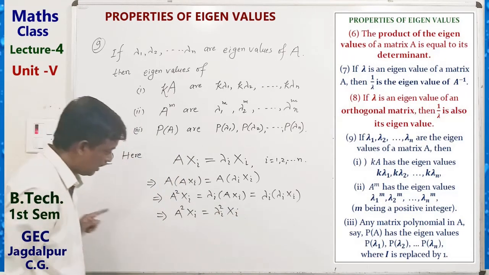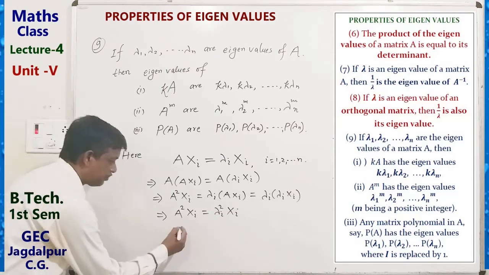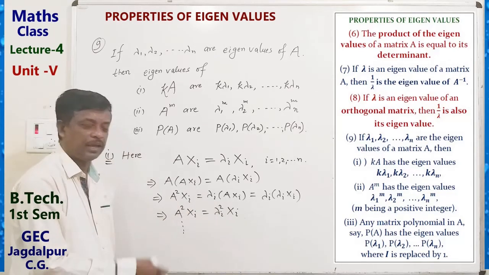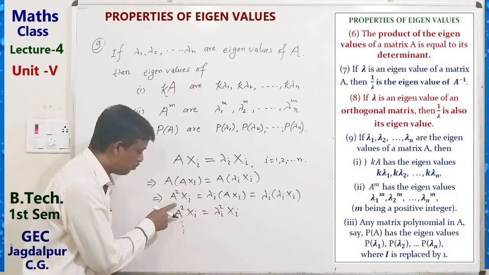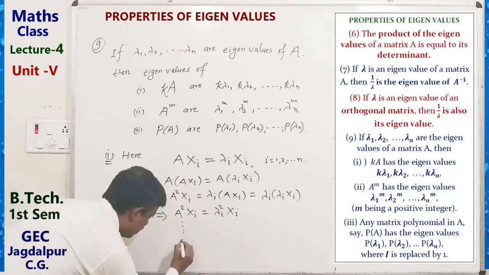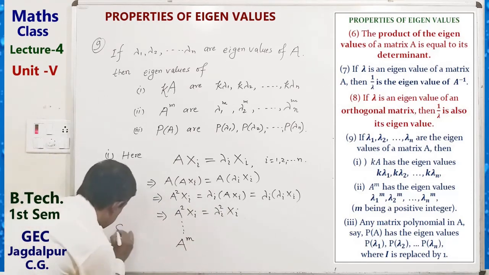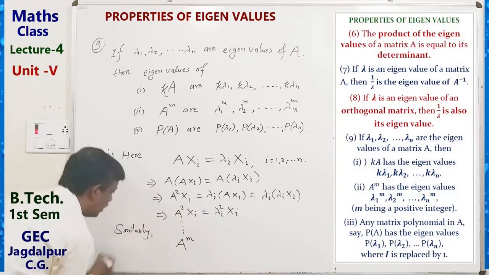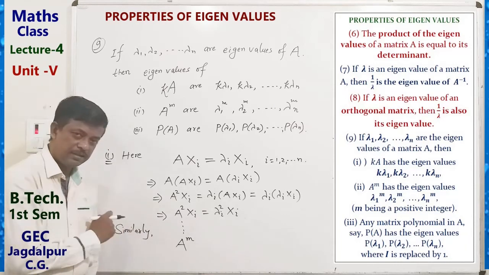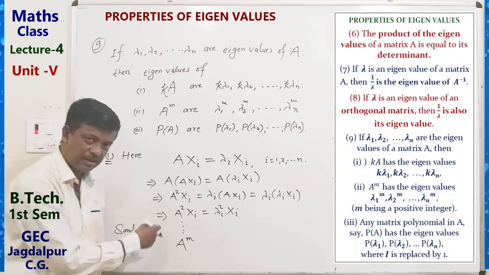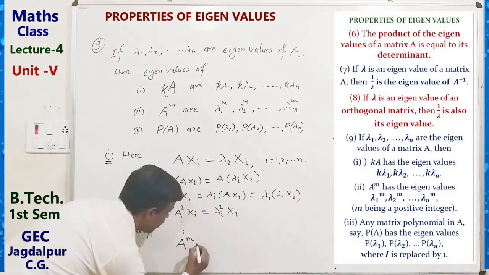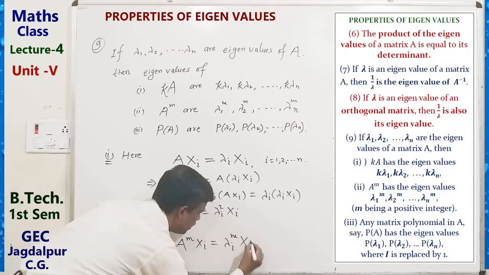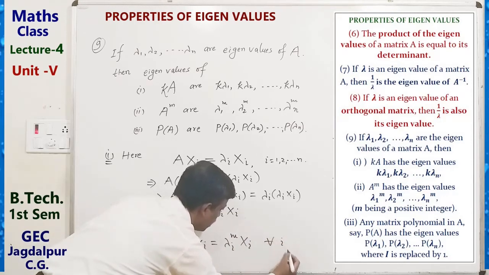Similarly, multiply again by A to get A cube, then A power 4, and so on up to the mth time. So A to the power m xi equals lambda i to the power m xi for all i.